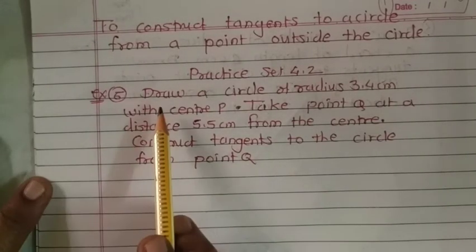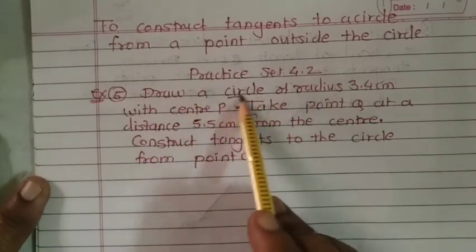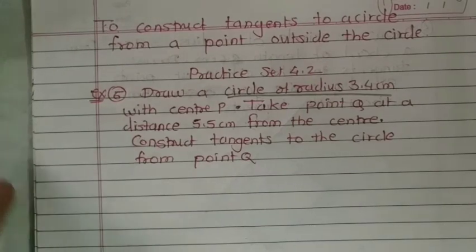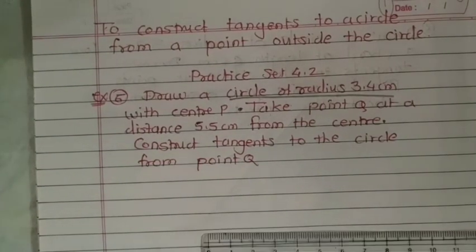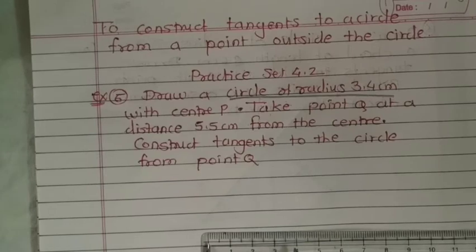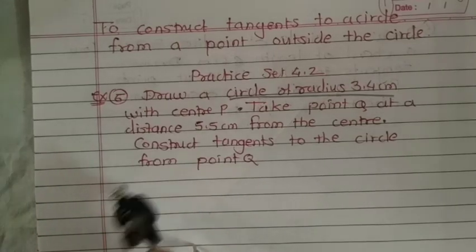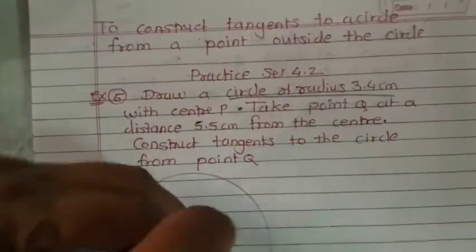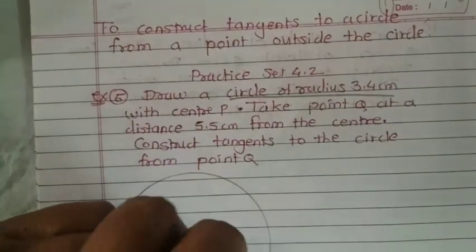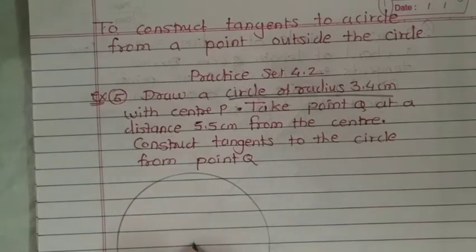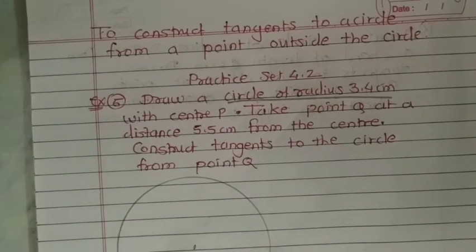What is the first step of construction? A circle of radius 3.4 centimeter. We do that first. This is the first step, a 3.4 centimeter circle. And the point Q: this is the point P as center, and point Q is at a distance of 5.5 from it.